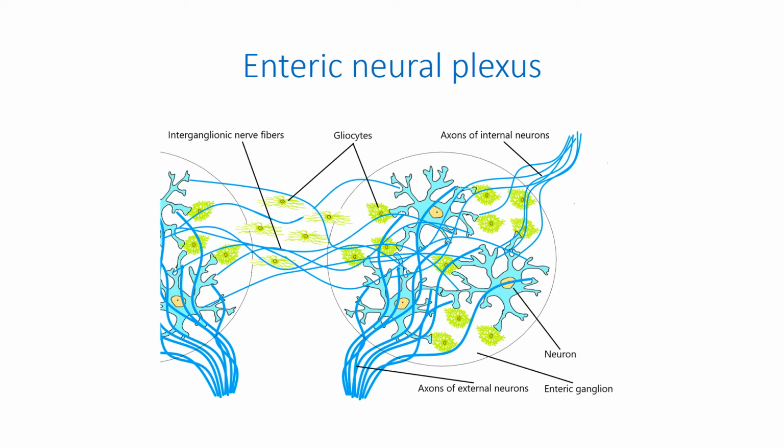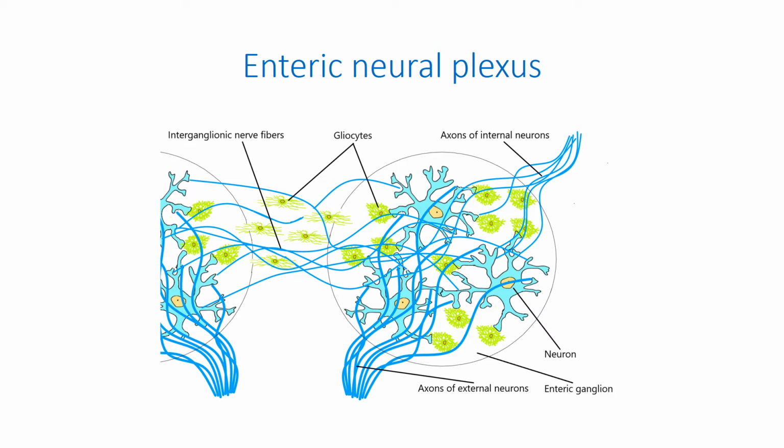In the autonomous ganglia of the ENS, neurons and gliocytes are densely packed, being closely connected by nerve bundles containing axons of both internal enteric and external sympathetic, parasympathetic, and primary sensory neurons.